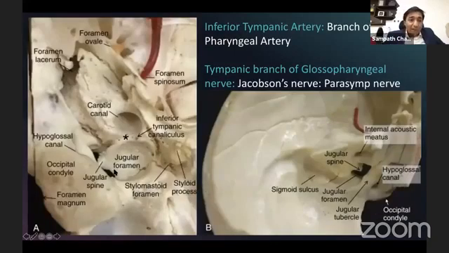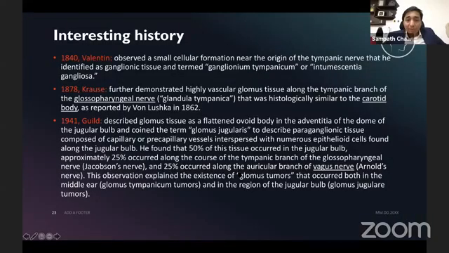So we know that the spine divides the jugular foramen into an anteromedial glossopharyngeal compartment, and a posterolateral one. The other two nerves, the vagus nerve, the 10th, and the 11th, the spinal accessory nerve, come out of the posterolateral triangle. So the vagus nerve is also not too far off. So 25% occurred along the auricular branch of the vagus, Arnold's nerve.